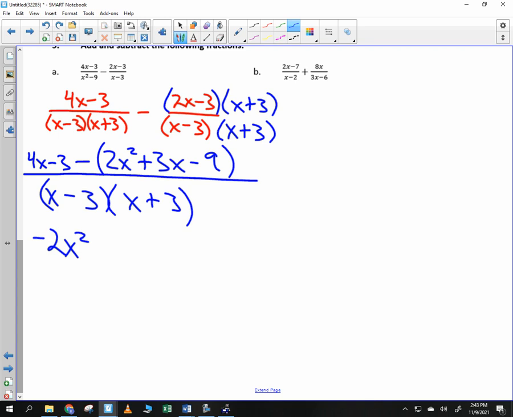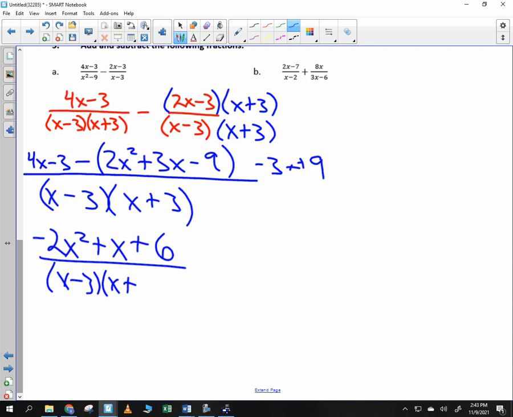Minus, because of the subtraction sign, it'll be a 4x minus 3x, which is just x. Negative 3, look at this. This is where it gets complicated. Negative 3 minus negative 9. Positive 6. Over x minus 3 times x plus 3.